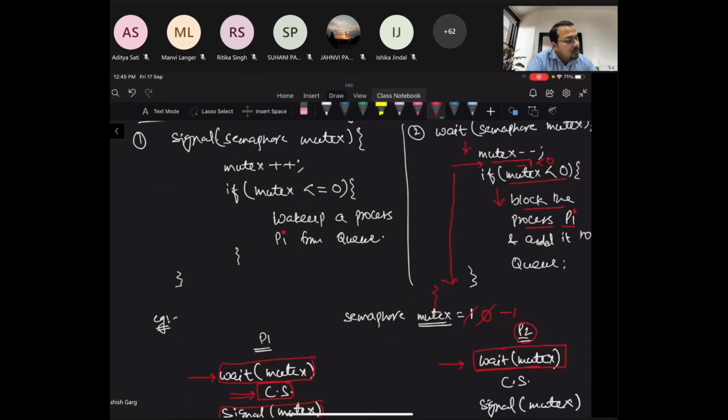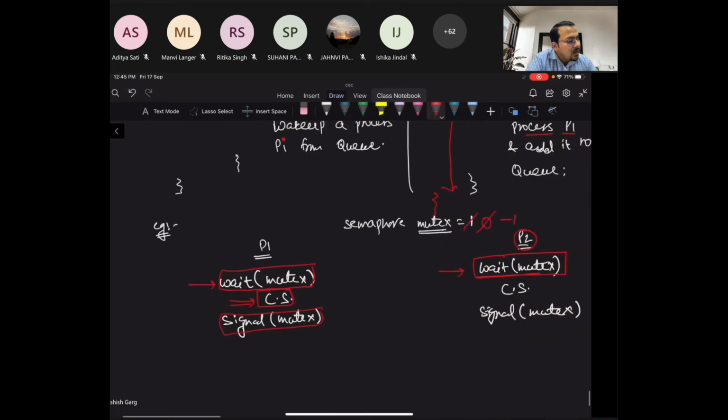So we have a queue and we will add it here. It is blocked right now. So we cannot go inside the critical section of P2. That is, mutual exclusion is not violated.